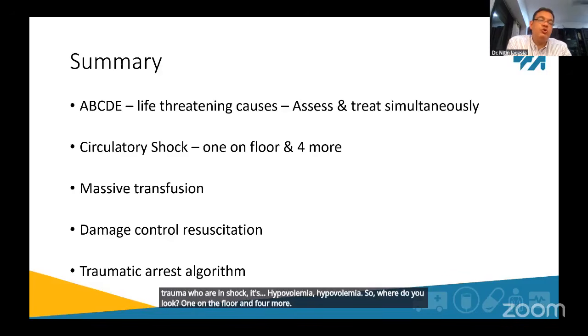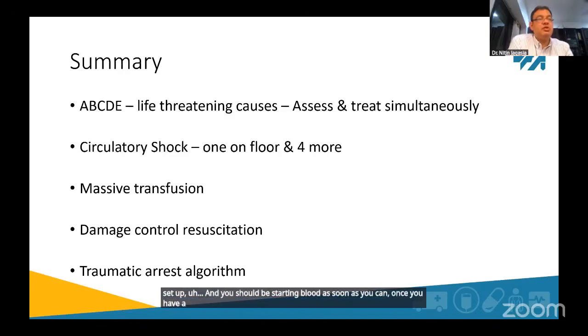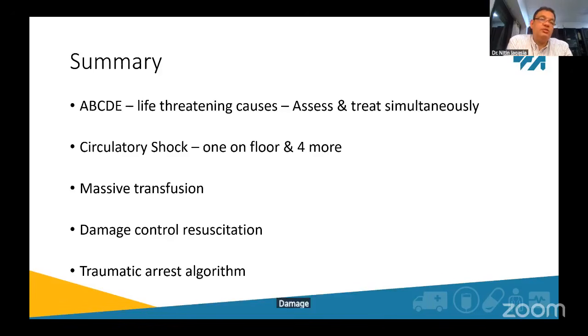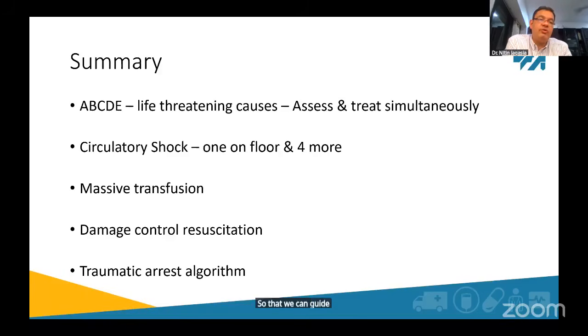Massive transfusion protocol is your cornerstone. You should have that set up, and you should be starting blood as soon as you can once you have a patient who's a transient or a non-responder. Damage control resuscitation is a very important concept that we need to know as emergency physicians so that we can guide and help the trauma team about how this needs to happen and what the principles of it are.